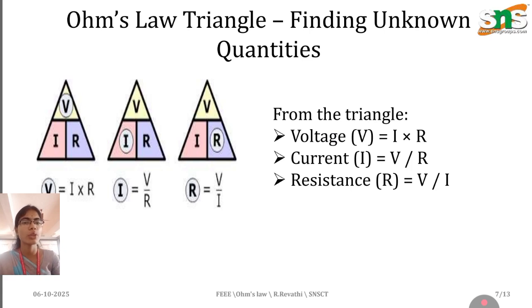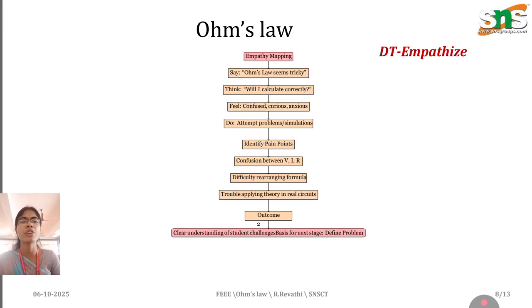If we don't know the voltage, current, or resistance, that is called the unknown quantity, and the known quantities are those provided in the question. This is known as finding the unknown quantities.